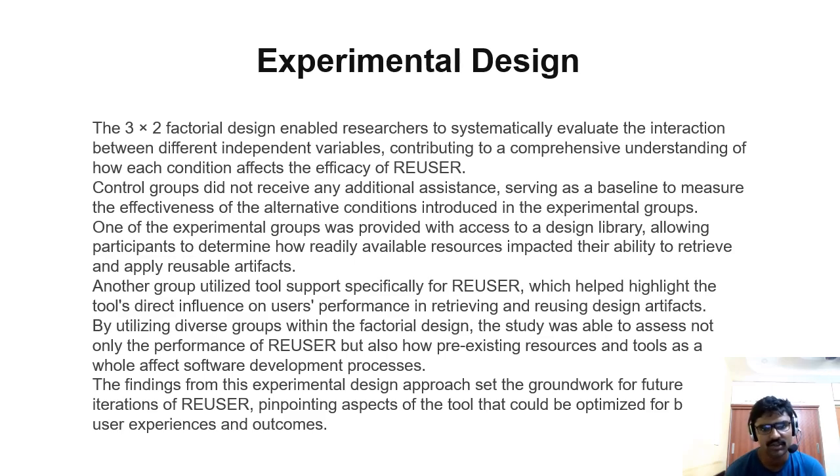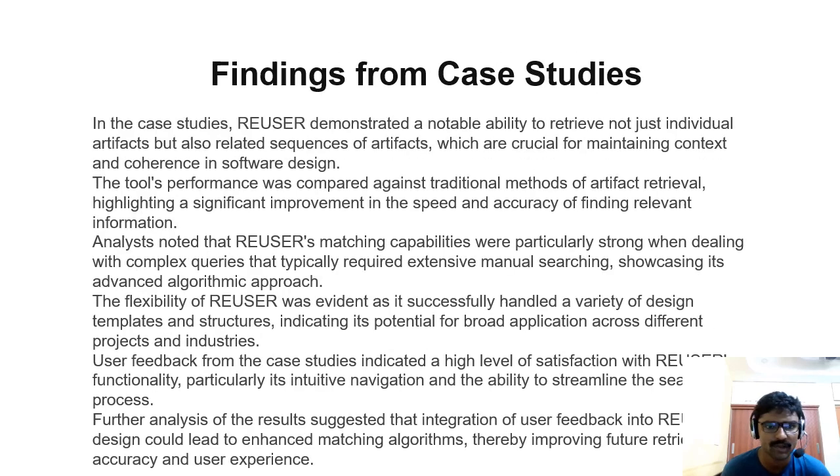One of the experimental groups was provided with access to a design library, allowing participants to determine how readily available resources impacted their ability to retrieve and apply reusable artifacts.